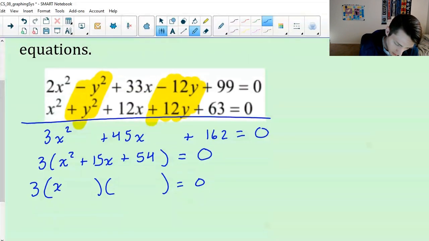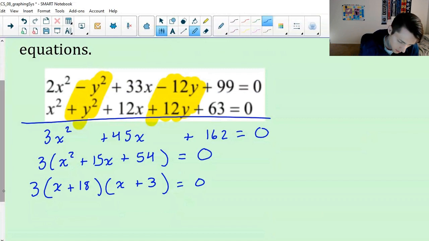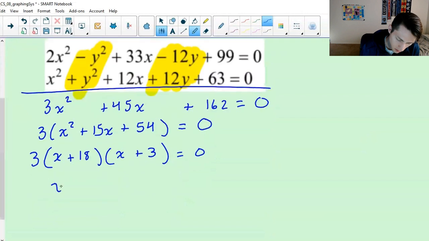All right, so if that's the case, then I do know this. That would factor into x plus 18 and x plus 3. So my x values that I solve for: x equals negative 18, x equals negative 3.